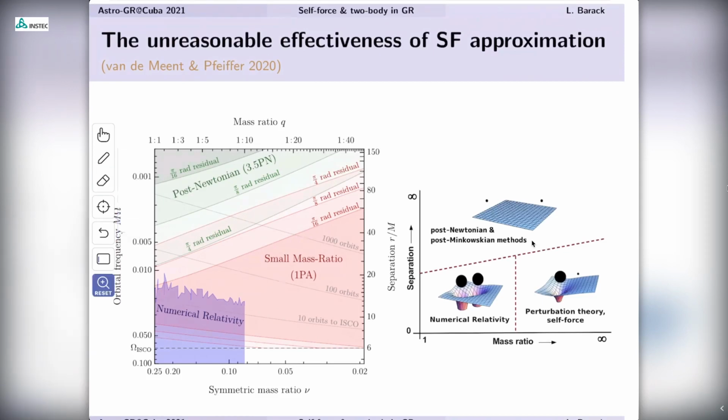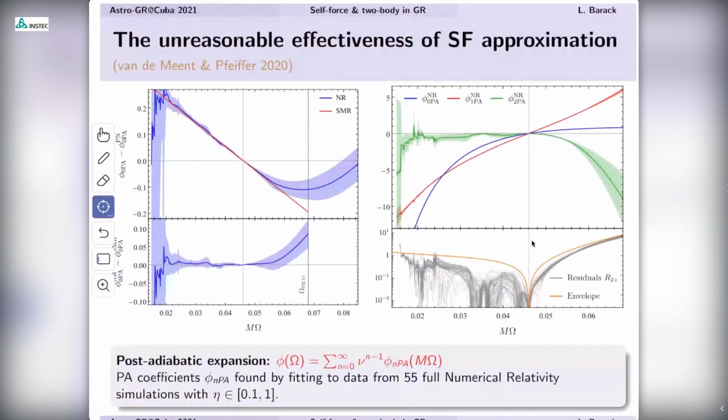Let's look at this plot first, which shows the accumulated phase as a function of the frequency as it evolves along the orbit for a particular source. This gray-bluish band is the numerical relativity evolution. It's broad because there's a large numerical error there. The red line is the result from self-force.